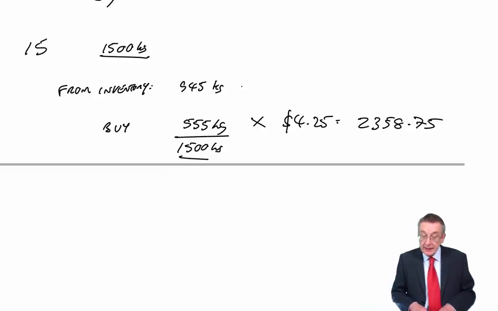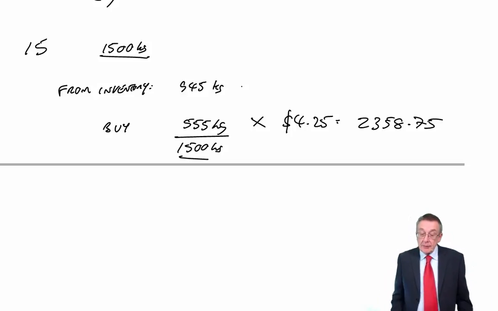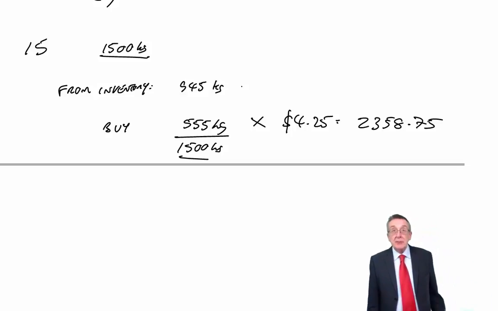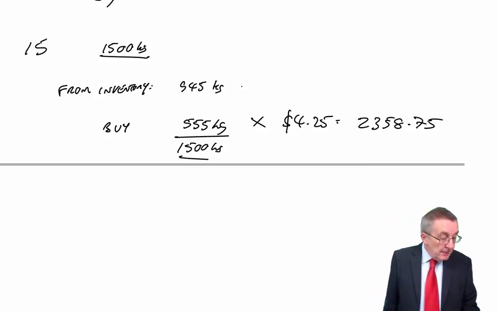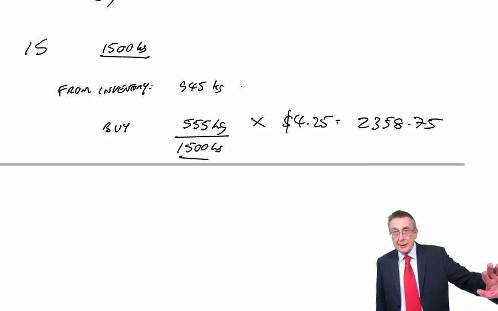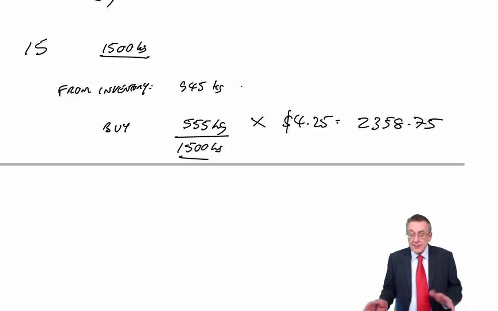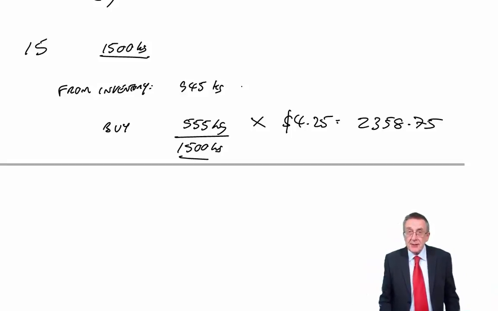Check it again in a minute. The bit you need to be careful about or clear about is the amount that's coming from inventory. First of all, remember the fact it was bought for £4.50 is completely irrelevant. We've paid for that material. Whatever happens, it's a sunk cost.